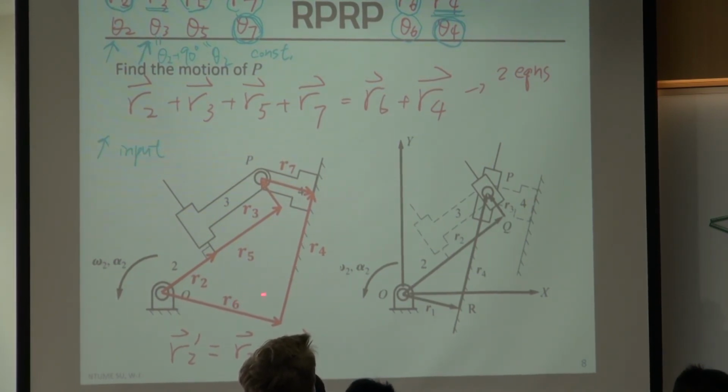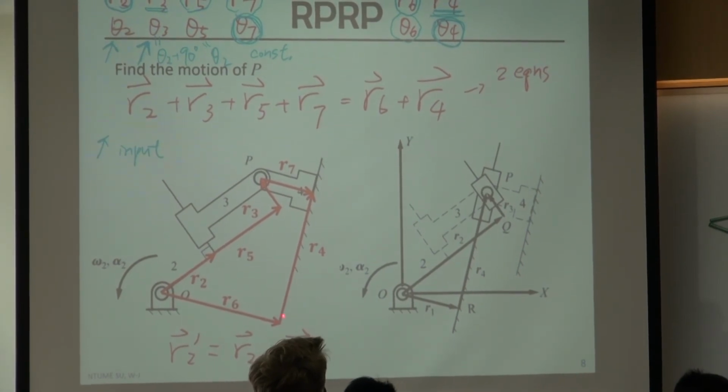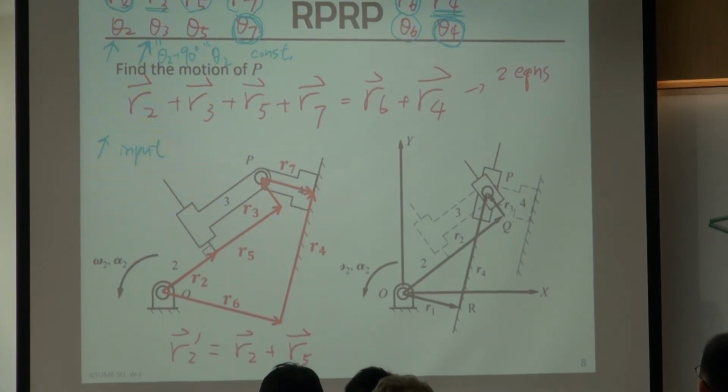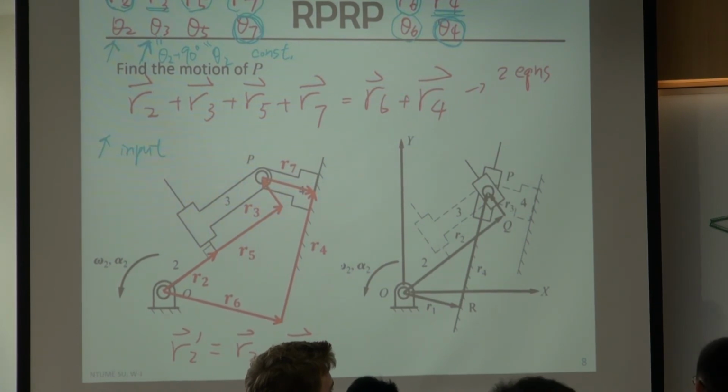Also, R6 is fixed. And right now, I determine R6 is in the same direction as R7. So I'm going to do another thing: I will subtract R7 on both sides of these two equations.